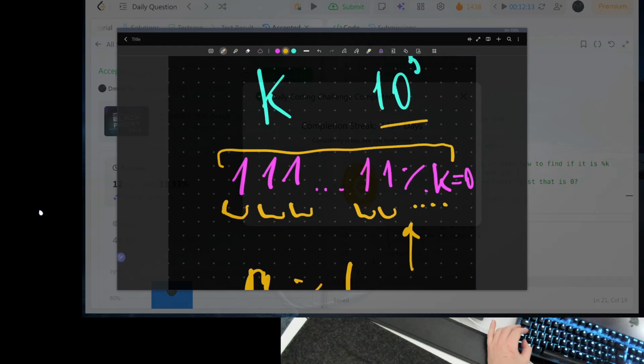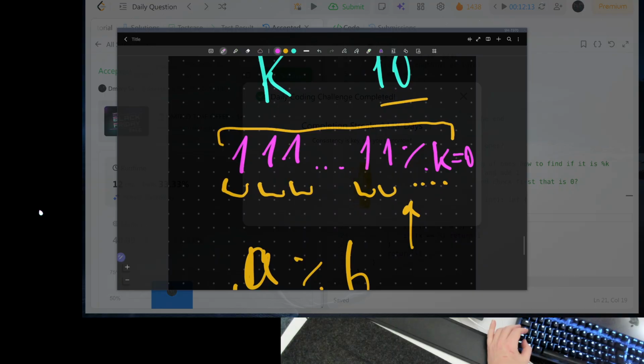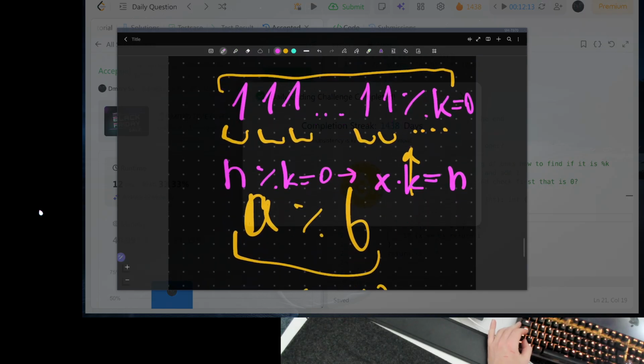If the number consisting of ones is called n, and it is divisible with modulo k, that can be transformed into x times k equals n. That means our n consists of k times some number x.